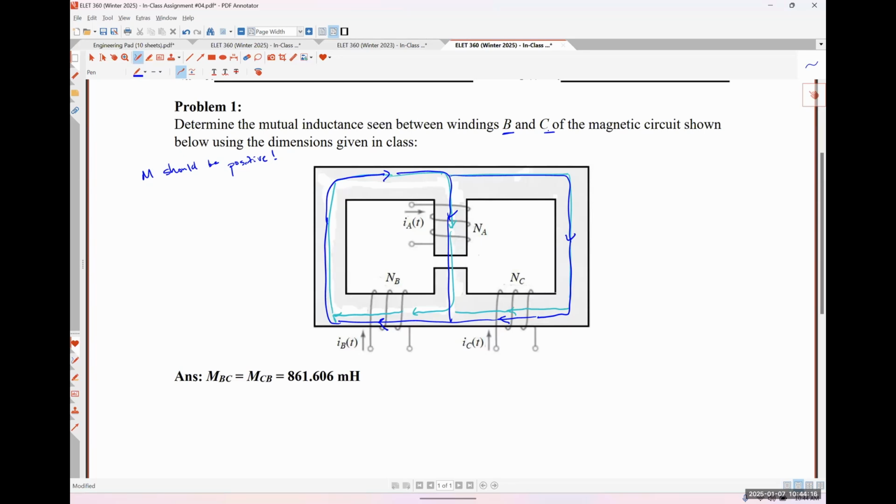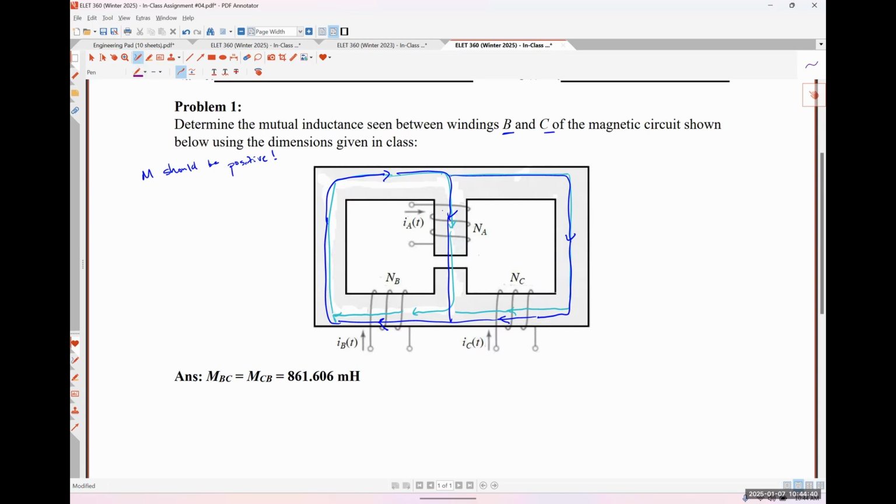I believe in the video lecture for this, I worked out the mutual inductance between A and B as an example. For that one, the mutual inductance came out to be negative because of the direction that A is pushing flux around the circuit. Just for the sake of argument, I'll do that one in purple really quickly.